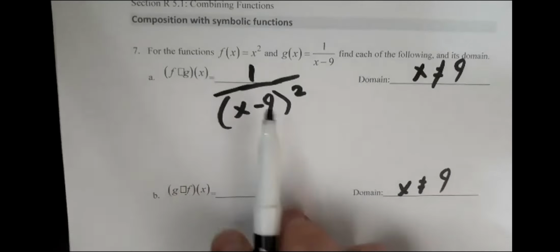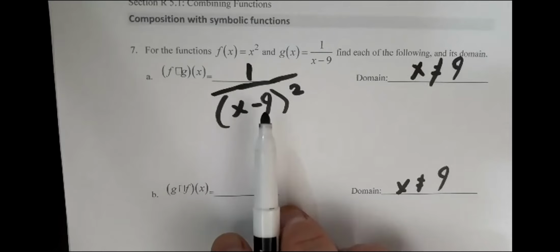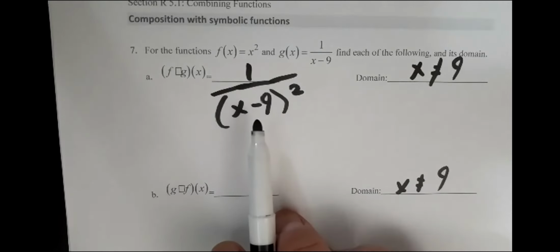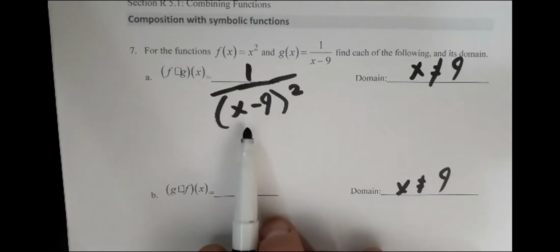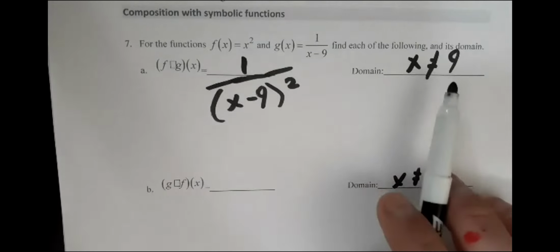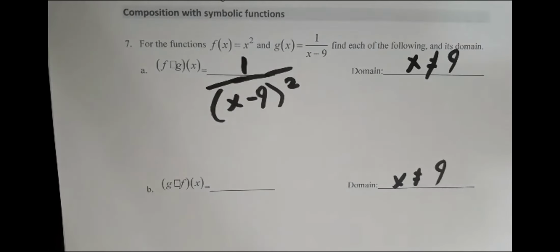And so we wanted to look at domain restrictions. There is a domain restriction here: x cannot be 9. We're getting that maybe twice, but x cannot be 9. We've already accounted for it. Okay, so I did f of g.